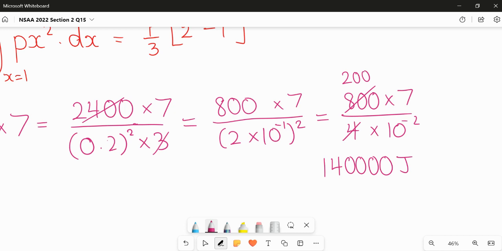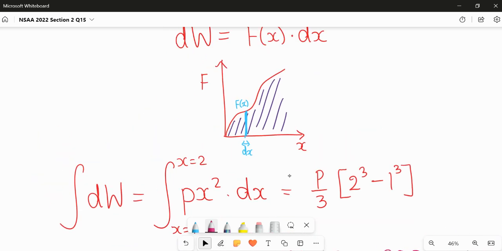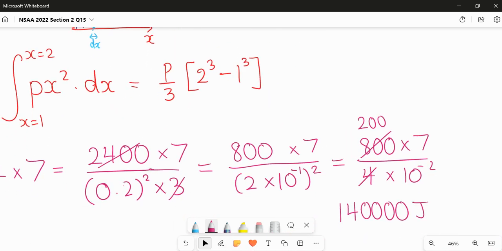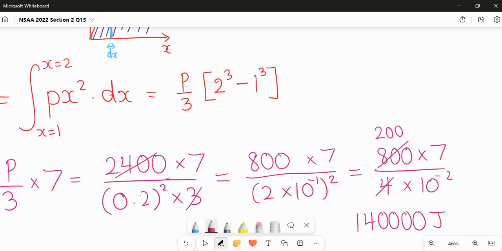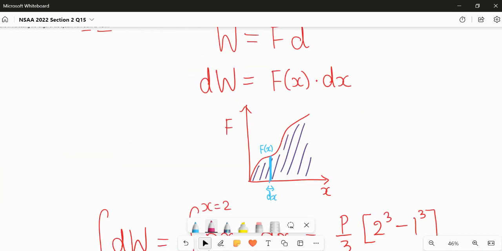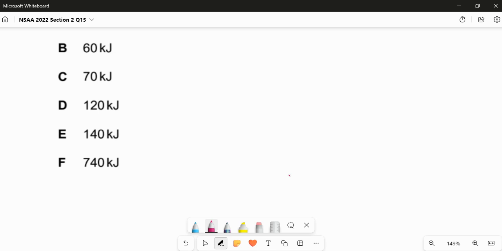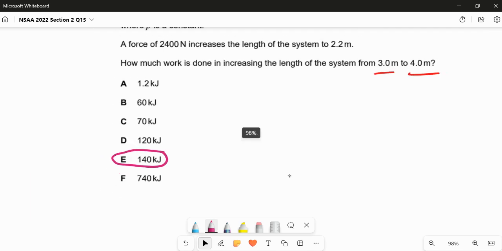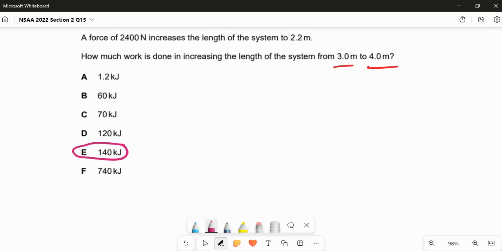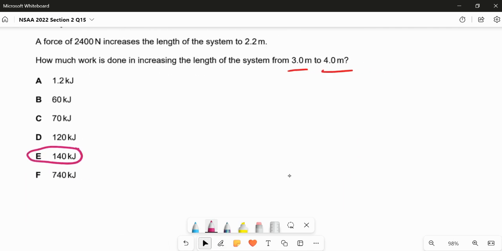Now, what answer is that? You notice that's either 140 kilojoules or 14 times 10 to the 4 or 1.4 times 10 to the 5 joules. So the relevant answer here is E, 140 kilojoules. So that is the amount of work done in stretching or increasing the length of the system from 3 meters to 4 meters.